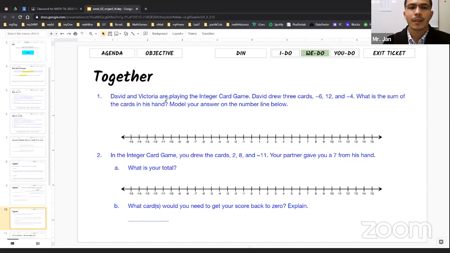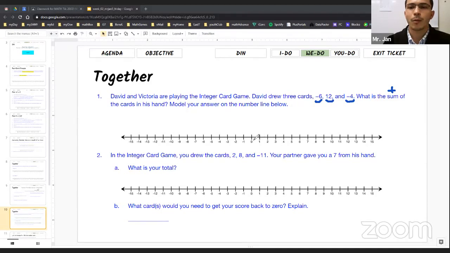David and Victoria are playing the integer cards game. Dave drew 3 cards: -6, 12, and -4. What is the sum of the cards in his hand? Model your answer on the number line below.